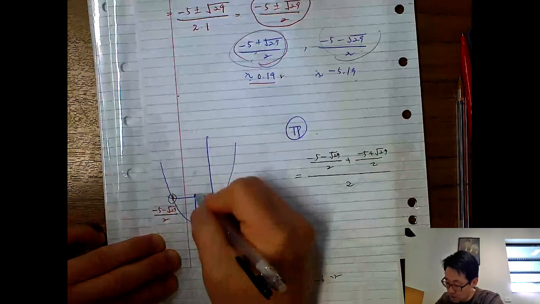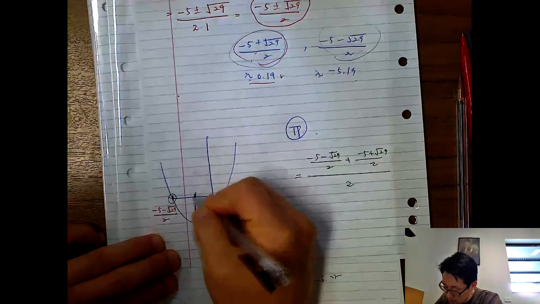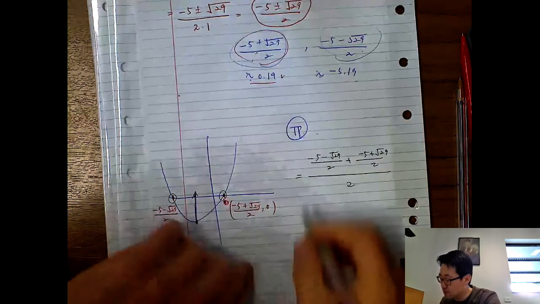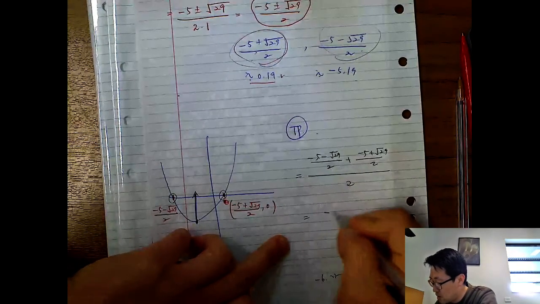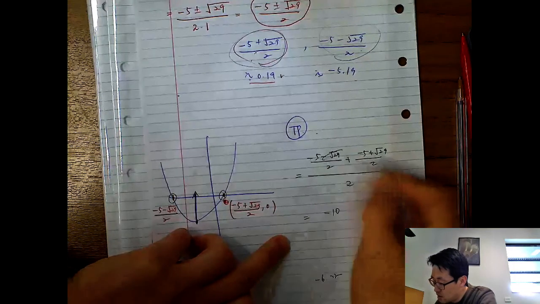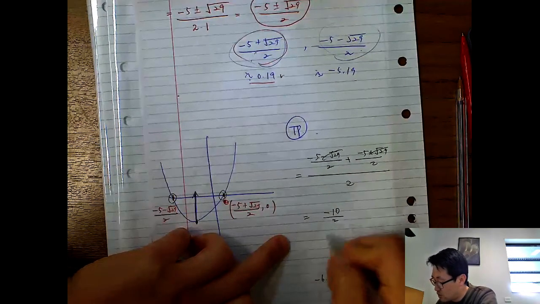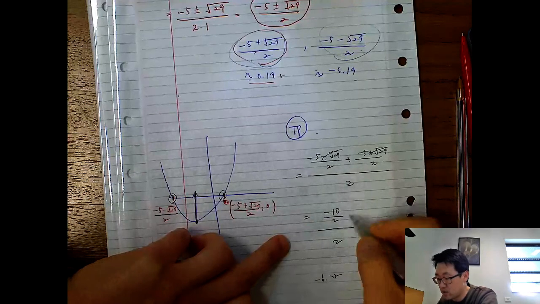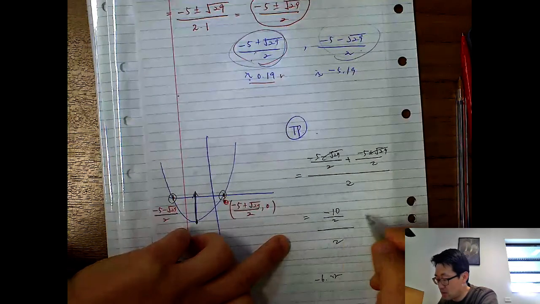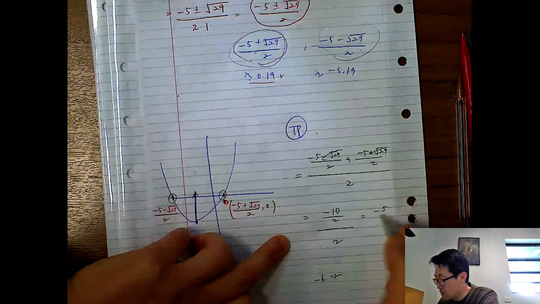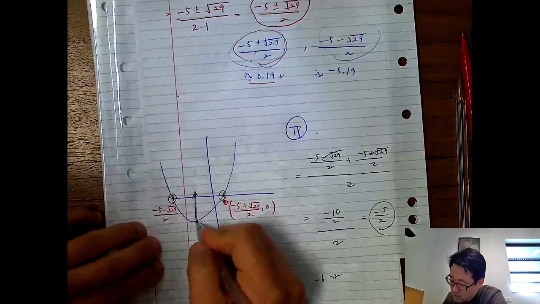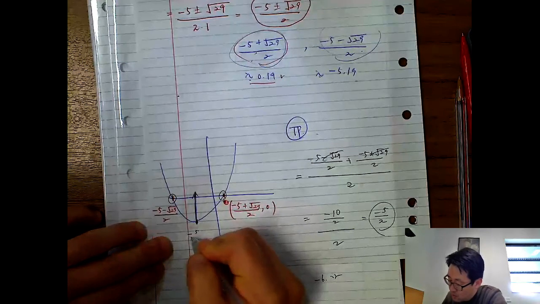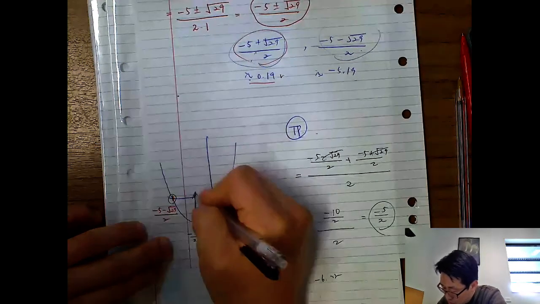That will give me that x value here. So minus 5, minus 5, minus 10, cancel that out, over 2, and then divide by 2. So what is minus 10 divided by 2? Minus 5 over 2. So I know this value is minus 5 over 2.